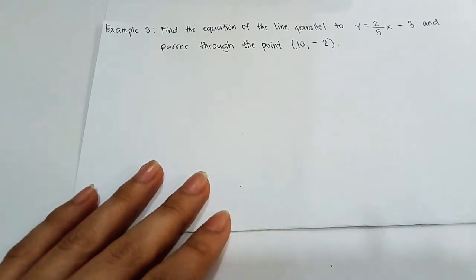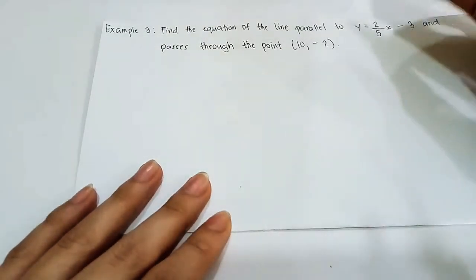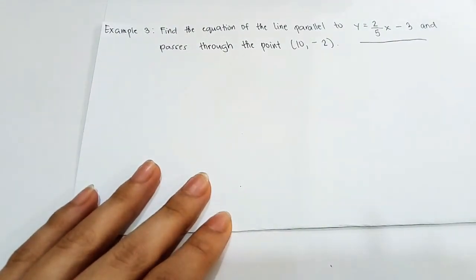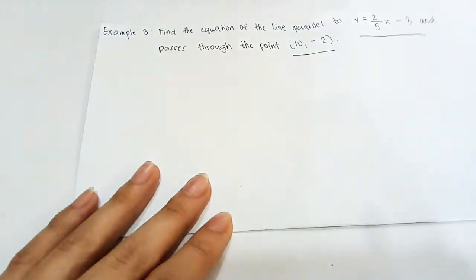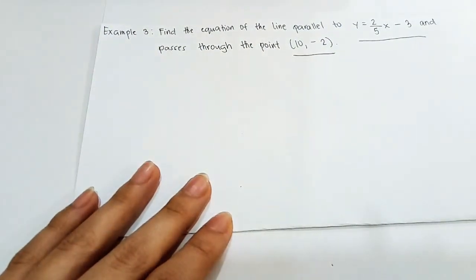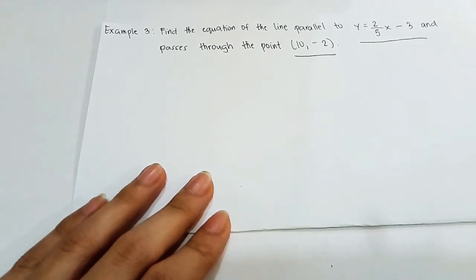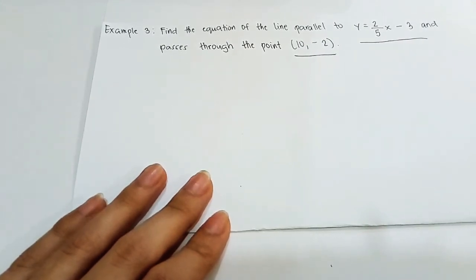So we are given an equation y equals 2/5 x minus 3 and a point with the coordinates 10 and negative 2. Take note that if two lines are parallel, their slopes are equal. Therefore, the slope of the line is 2/5.